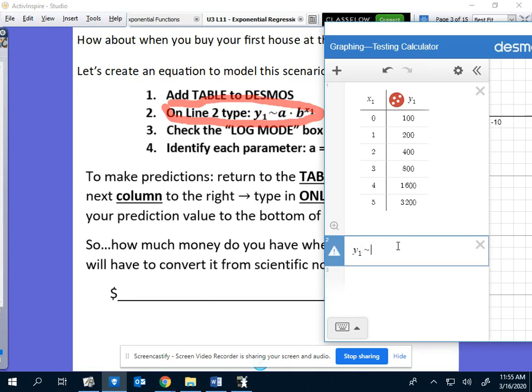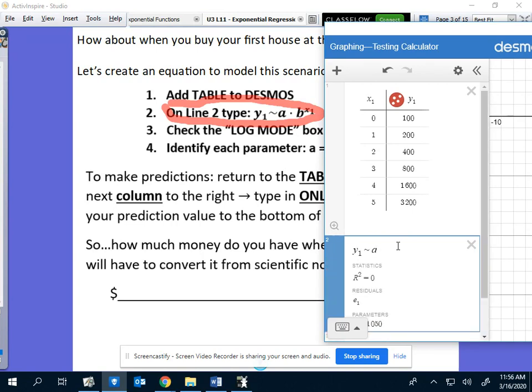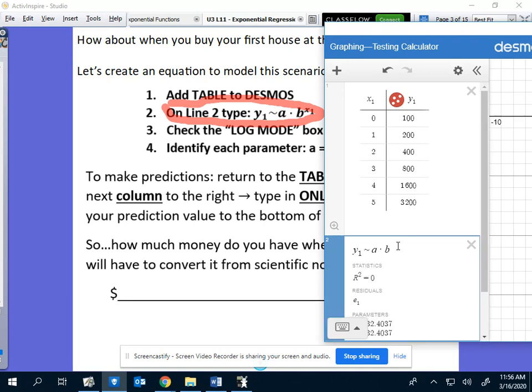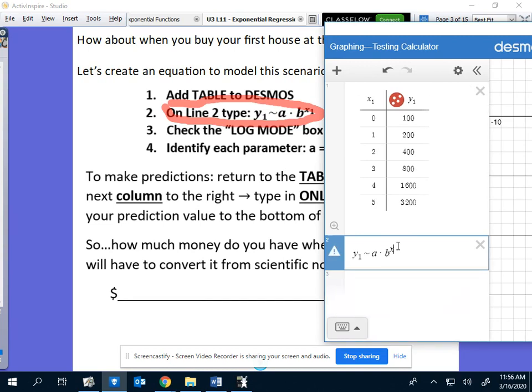So our squiggle, which means approximate. And then instead of mx1 plus b, we're typing a times, so shift 8, if you're not sure about the keyboard, shift 8, b, and then we raise it to the x1.